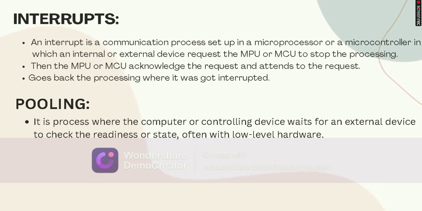The basic types of interrupts are hardware interrupt, software interrupt, maskable and non-maskable interrupts. Polling is a technique where the microcontroller continuously checks a peripheral or input pin to detect changes or events. Unlike interrupts, polling is not event driven but rather a continuous checking process.